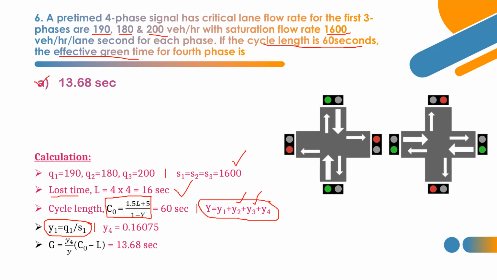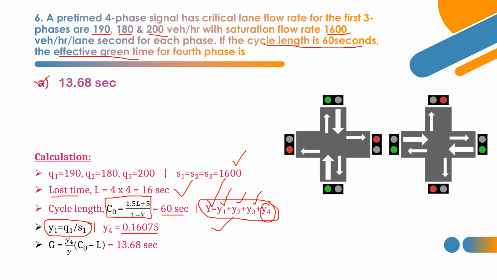Capital Y is given as what? Sorry, capital Y is not given. We have to find it using this formula. They have given the cycle length as 60 seconds, so on substituting the C0 and L values, we can find the Y value. So capital Y is found, Y1, Y2, Y3 are all found, and Y4 alone is left. Y4 is found using this formula, and we get 0.16075.